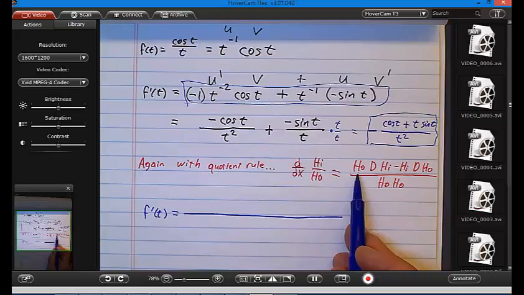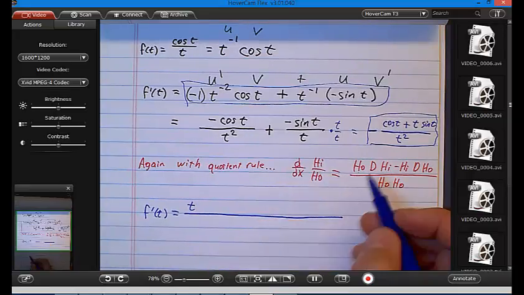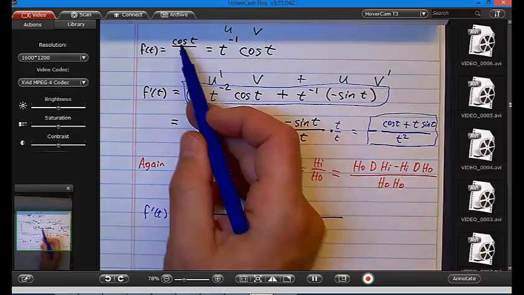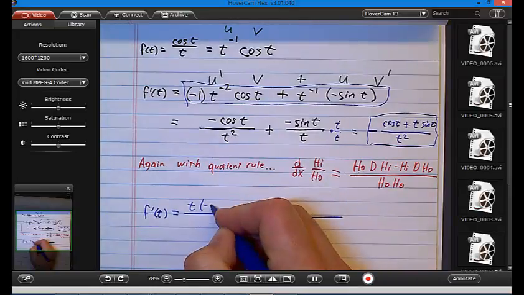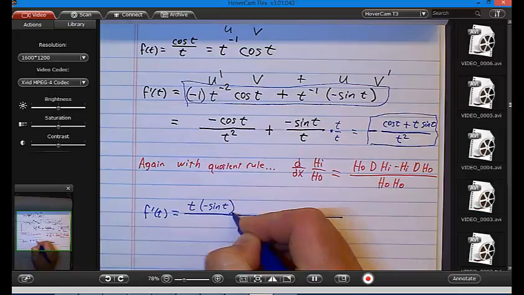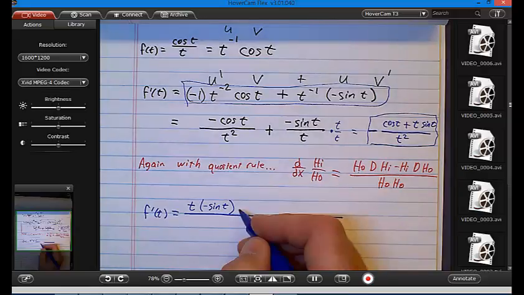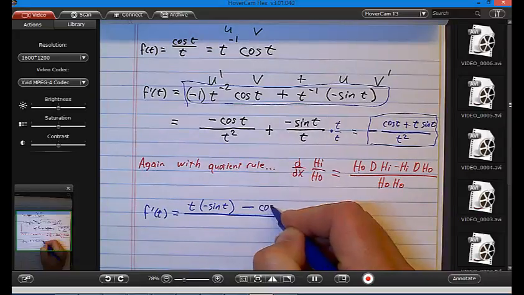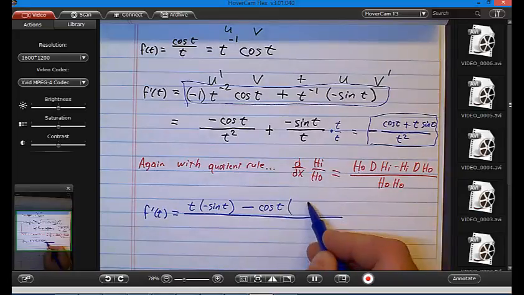So there's ho d high. Minus high. What would I write? Cosine t. D ho. So what's the derivative of t? It's 1, yeah. We're taking the derivative with respect to t, and so that's 1. So ho d high minus high d ho, all over what? t times t, which is t squared, yeah.